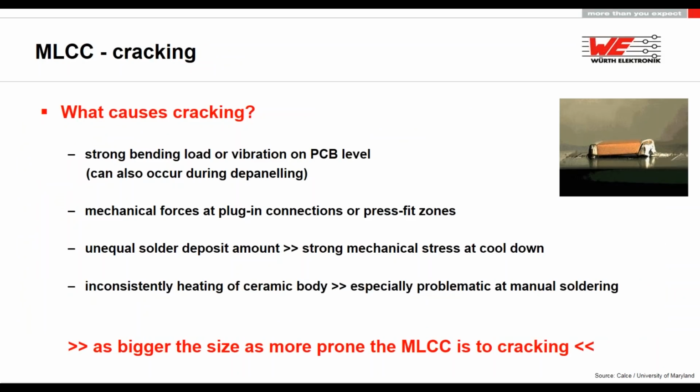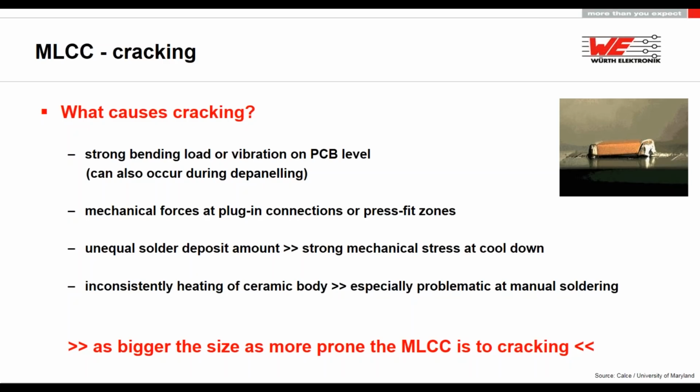Strong bending and vibration is normally the topic, especially depaneling. So if you split PCBs or cut them, really take care how much force is applied. The mechanical forces, especially also at plug-in connections and press fit zones. Even at the middle of the PCB, if you have MLCCs, they can crack if the plug-in and press fitting is not done pretty well, and if you apply too much force and bending on the PCB level.